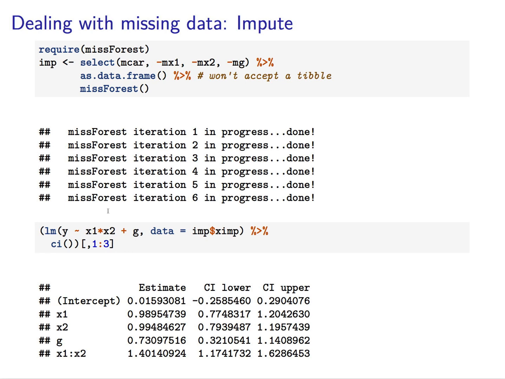We'll use the missForest function from the missForest package to do the imputation for us. And when we look at the results from this model, we can see that they are closer to what we would expect from this population than either of the previous 2 strategies. So we like that.